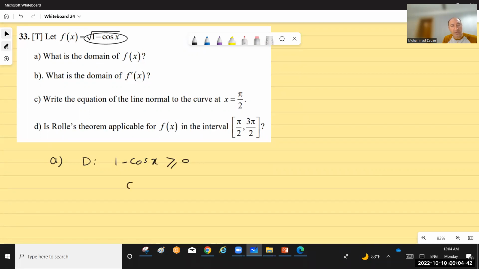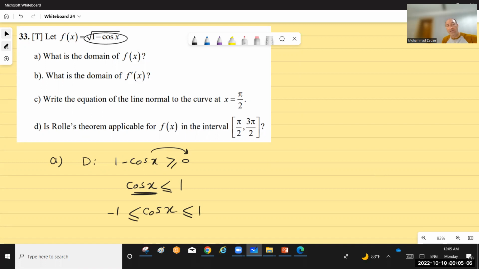So cosine x, if you make it the subject, will be smaller than or equal to 1, just moving the negative cosine here. You know that the value of cosine, whatever the angle, always lies between 1 and negative 1 inclusive. So I'm sure that for every x, the value of the cosine will be smaller than or equal to 1.